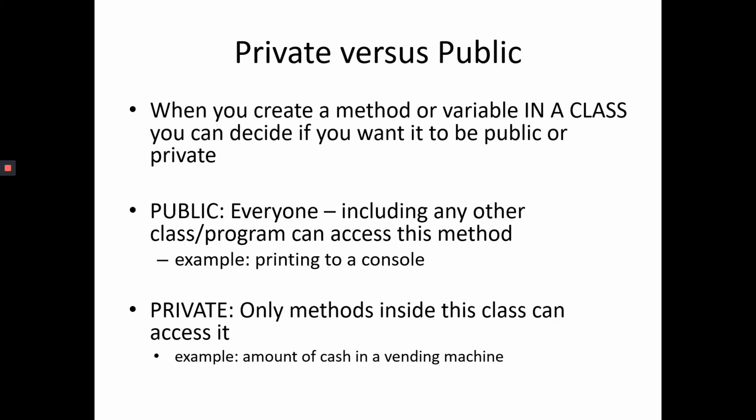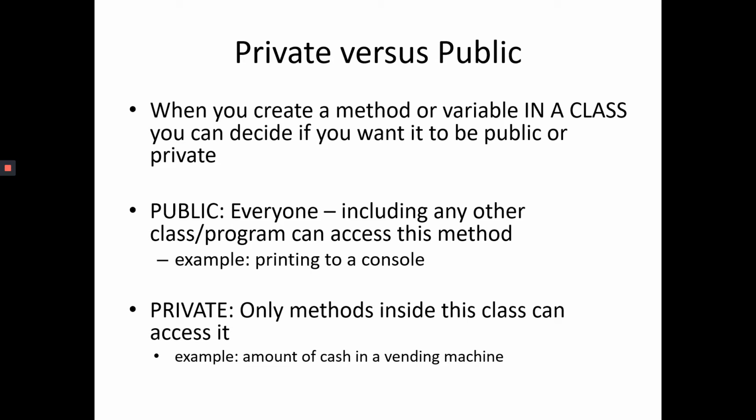Private is kind of the exact opposite. Private is saying that only methods within this class will be able to directly access it. Anything from outside won't even know it exists. They won't see it. So going back to a previous discussion we had on Javadocs, you don't generally write Javadocs for methods or variables that are private because they're not even accessible or visible outside of your particular class.